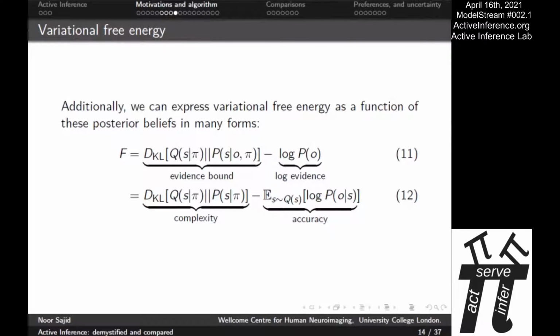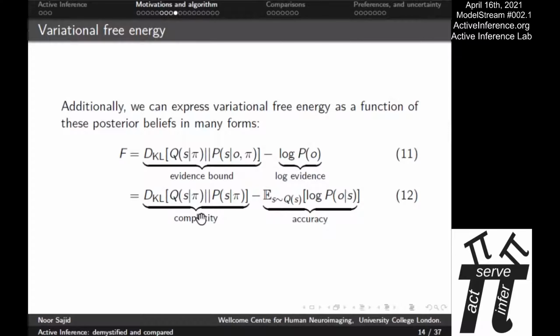This is a trade-off normally used within the papers: the complexity cost is essentially the KL between your approximate Q of S given pi and your P of S given pi. Here pi is just your policies, and these can be regarded as hypotheses of how the agent is going to act, but I'll come back to what policies really entail.